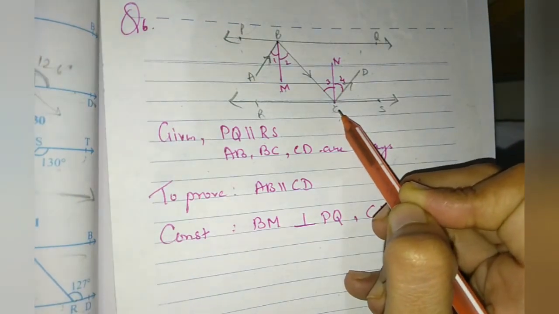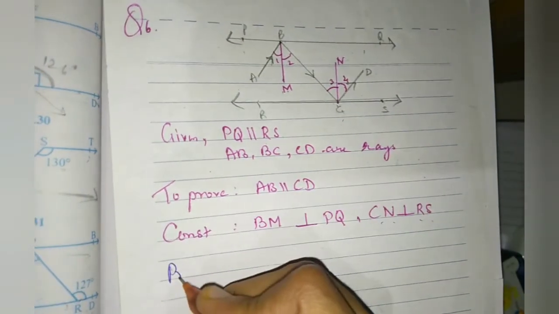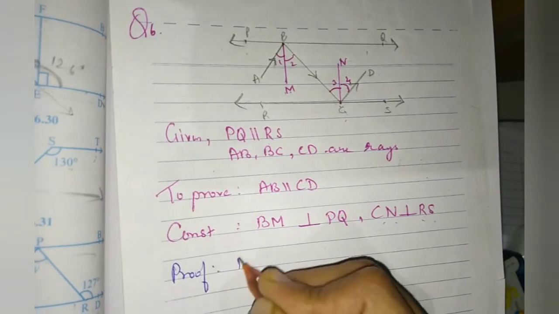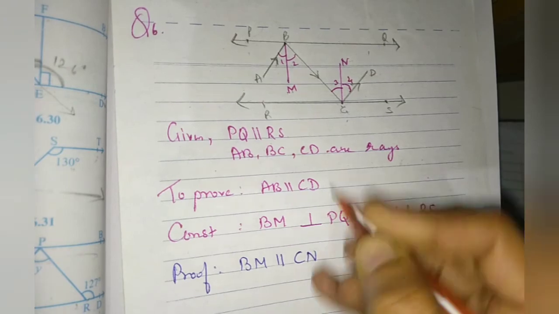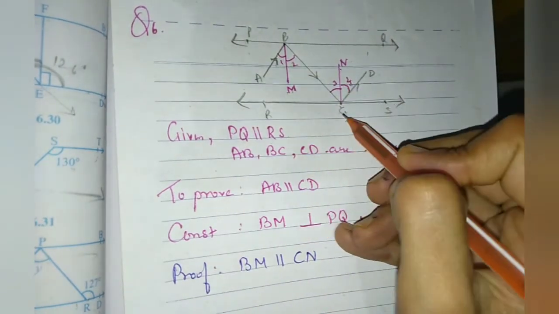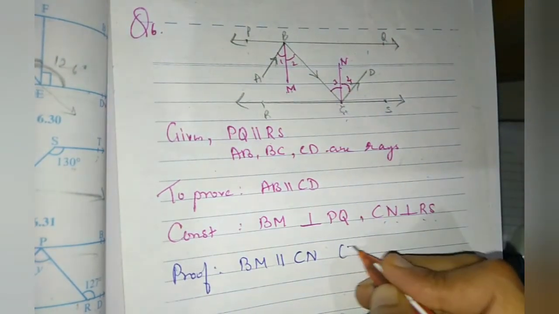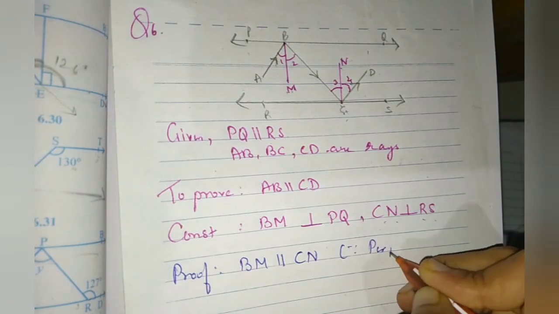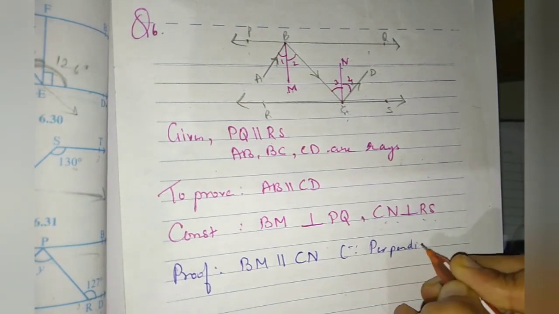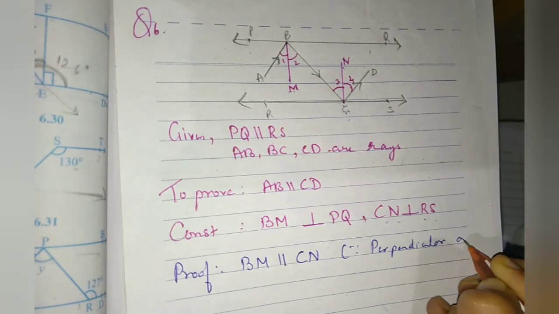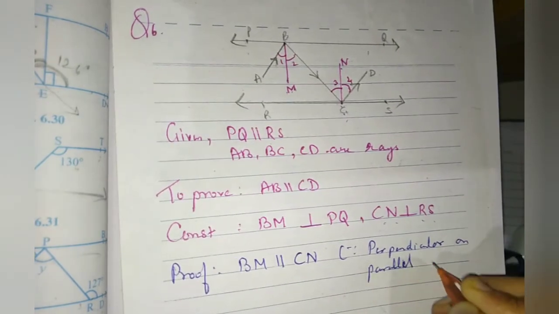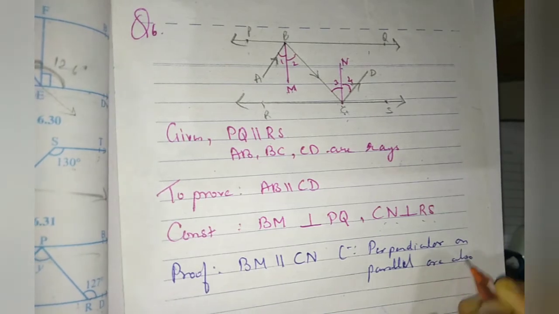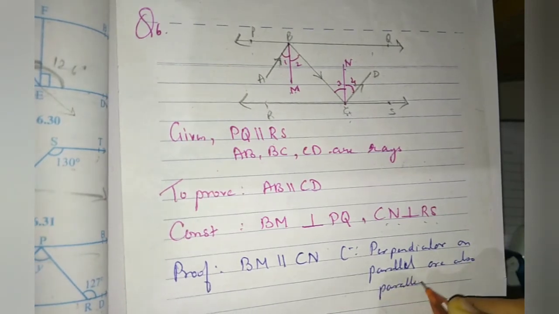Now if we write the proof: BM is parallel to CN, because perpendiculars on parallel lines are also parallel.